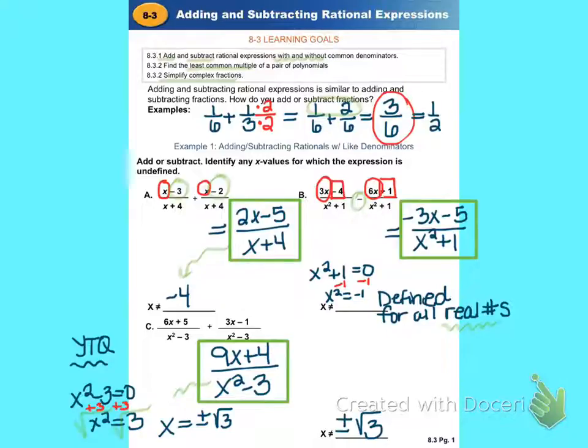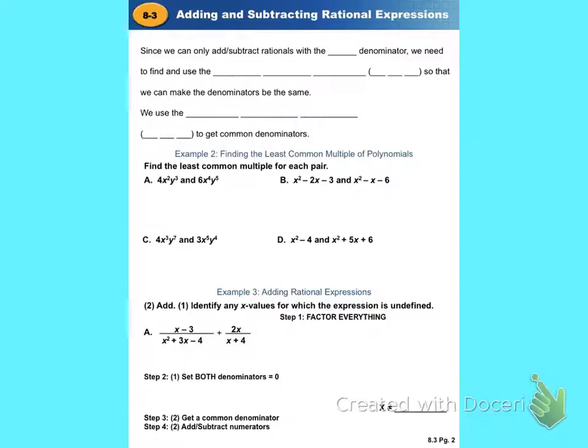Check your answer, and if for some reason you didn't get 9x plus 4 over x squared minus 3, and you didn't identify plus and minus the square root of 3 as the places where the expression would be undefined, then maybe pause the video, take a look at the work, see if you can figure it out, and if you still can't, then make a note and be sure to bring that up when we see each other in class. Let's go ahead and turn the page.